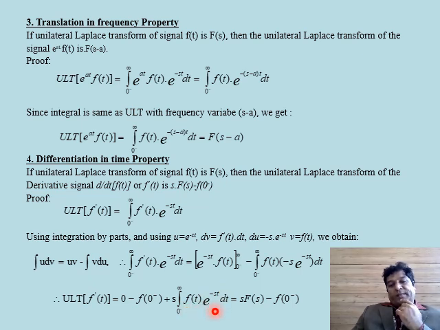Now what is this integral? Integral f of t e power minus st dt is simply capital F of s. So we are getting the final answer, s into F of s minus this factor f of 0 minus. That's the final result.